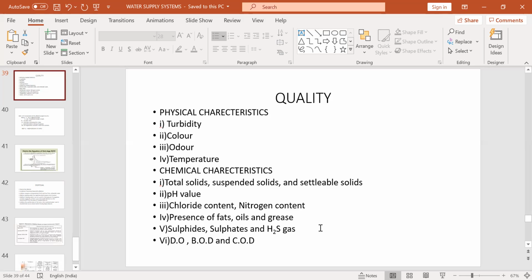So the titration method is followed, in which potassium permanganate or any other titrating agent is used along with sulfuric acid, and the sewage is titrated, and then the amount of liberated oxygen, that is the dissolved oxygen, is found out.